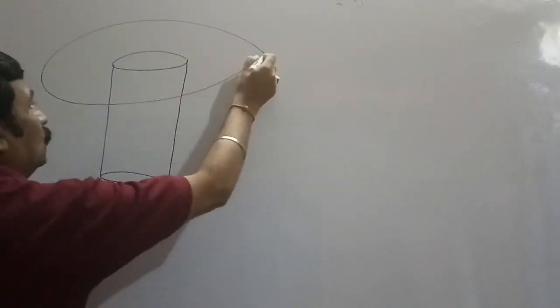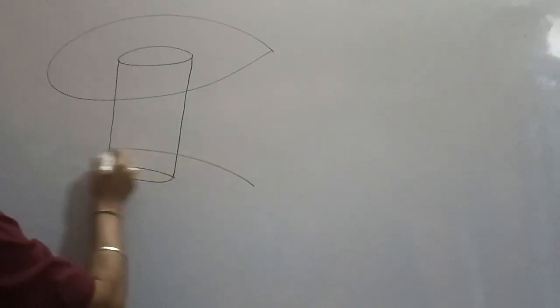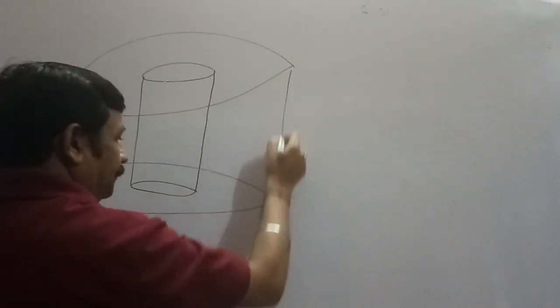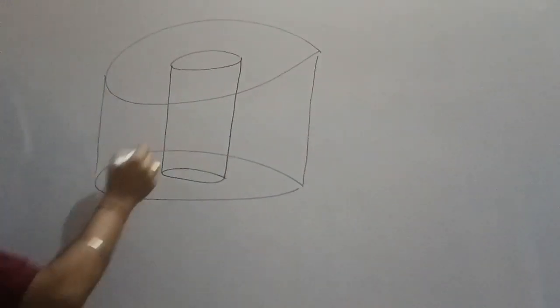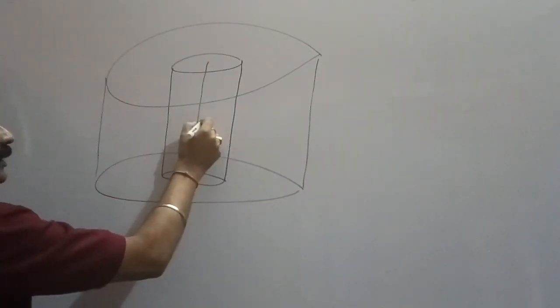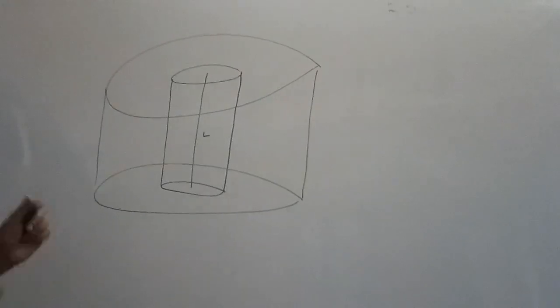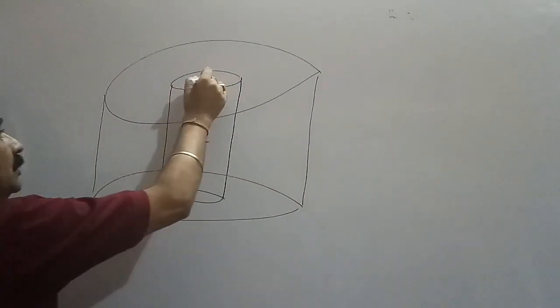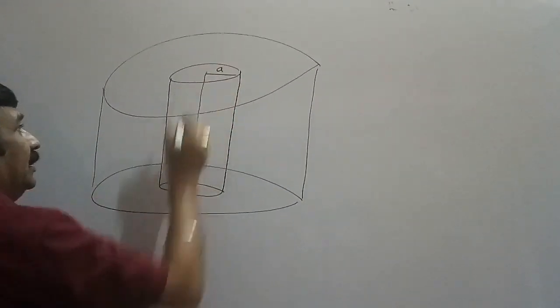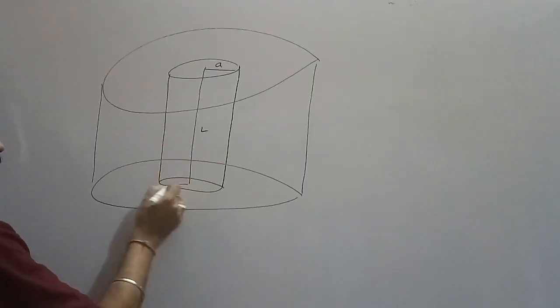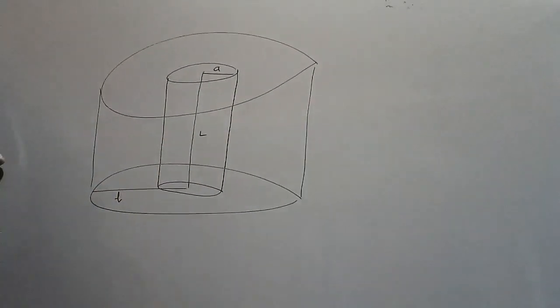Let the length of both cylinders be L. The radius of the inner cylinder is small a. The radius of the outer cylinder is small b.